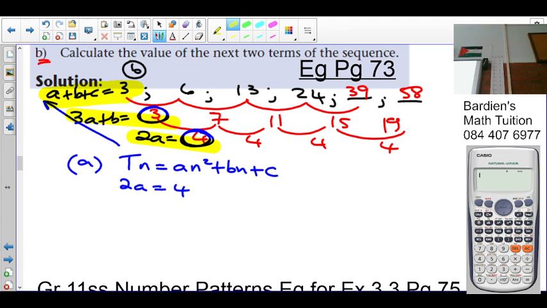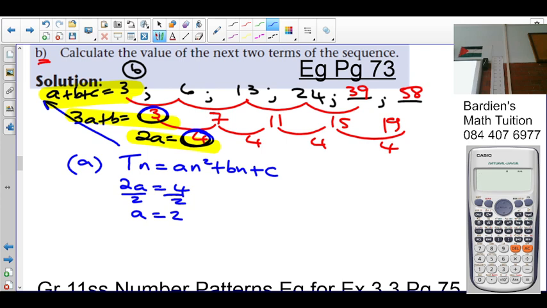It won't always be the same value. It changes. Okay. So let's go. 2A is equal to 4. So I divide by 2 on both sides. So A is equal to 2. You guys understand?